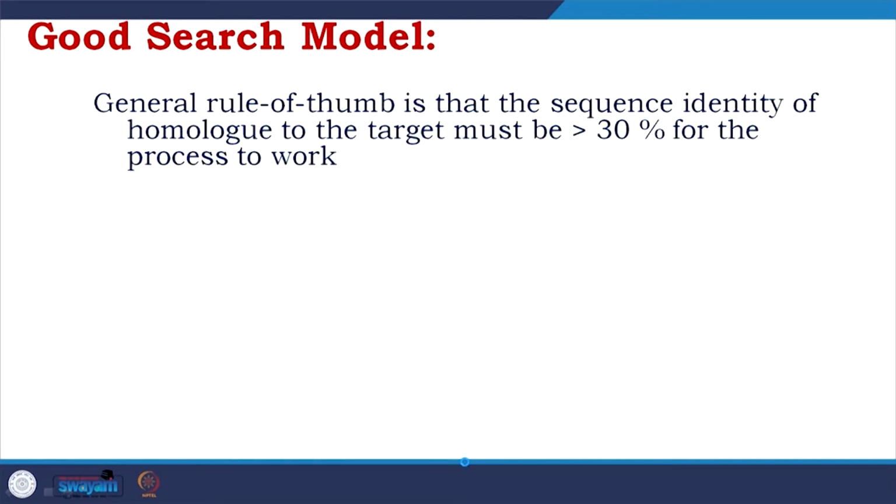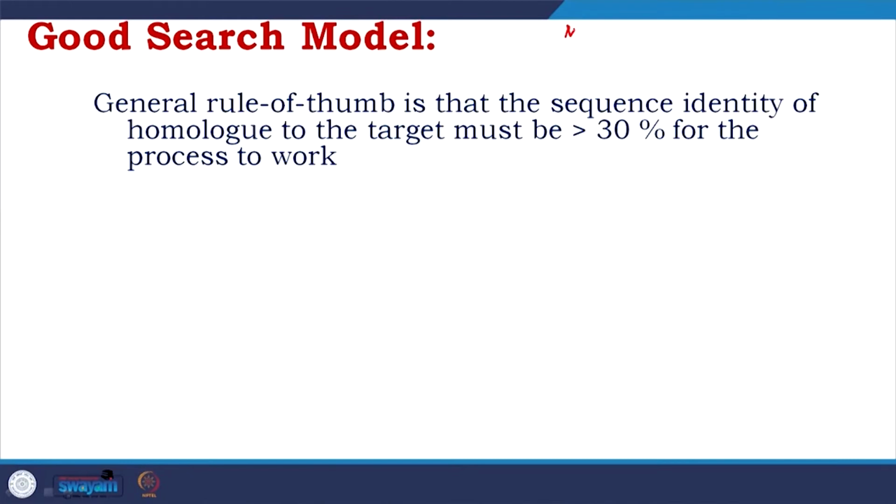So, the general rule of thumb is that the sequence identity of the homolog to the target must be greater than 30% for the process to work. See, that is the enormous growth of this field. When Michael Rossmann, MGR, developed MR, molecular replacement, it generally happened for the same protein.